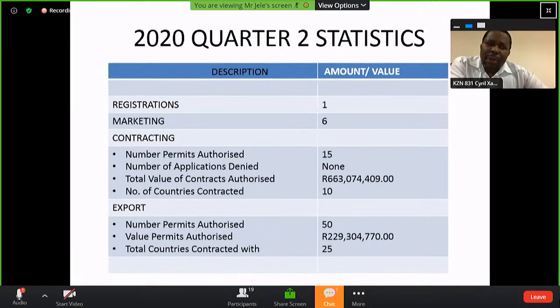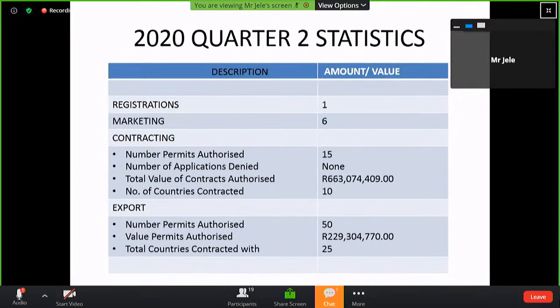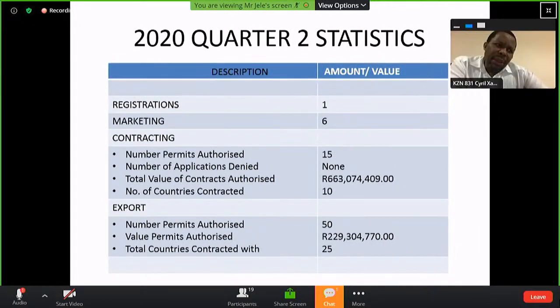I'm sure there is a problem in the representation of the figure there. Appendix C, is it imports? Yes, it is imports. Attack helicopters, quantity 2, the rand value 530,000.